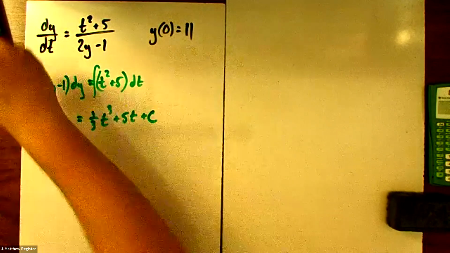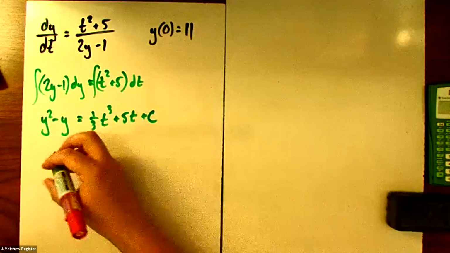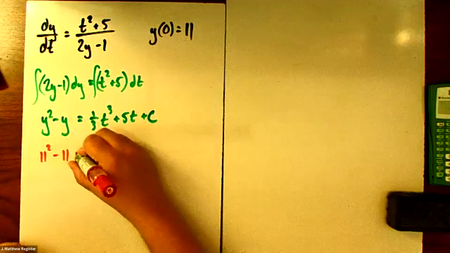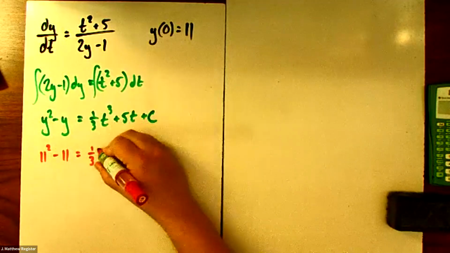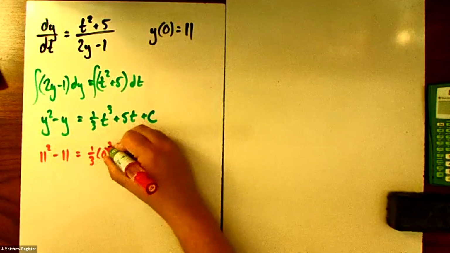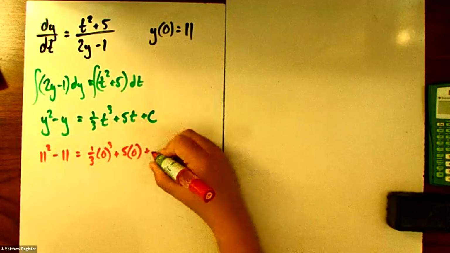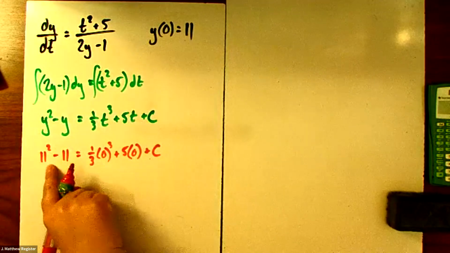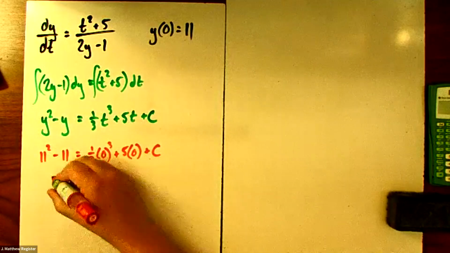And so using the initial condition, we would say that 11 squared minus 11 is equal to 1/3 of 0 cubed plus 5 times 0 plus c. 11 squared is 121, minus 11 is 110.